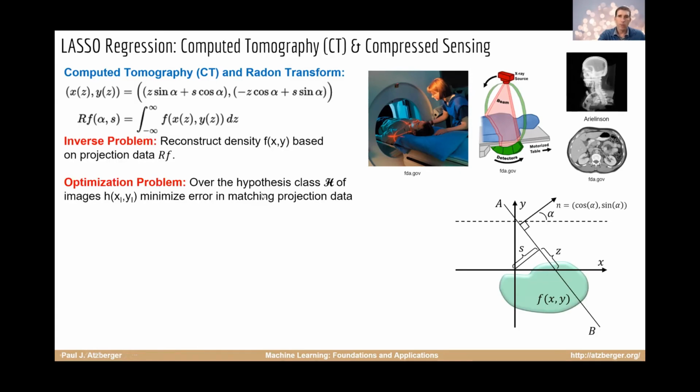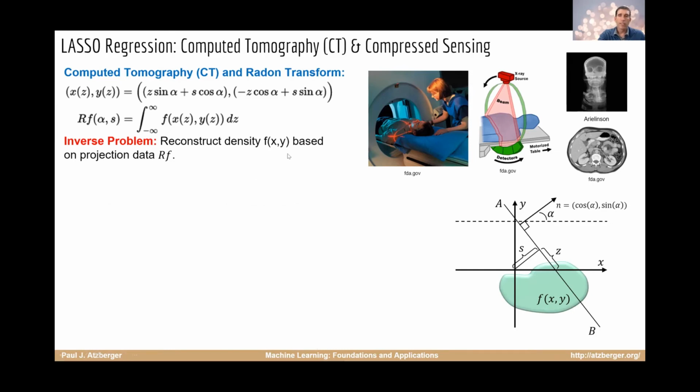The problem is to reconstruct this density function f of x, y. In something like this X-ray machine, a beam comes down and you have a detector, but what you have in hand is not the three-dimensional information of what the density is at a location in R3.